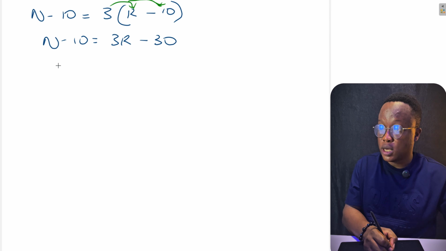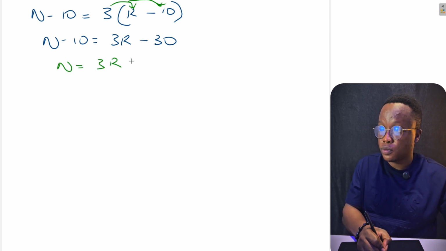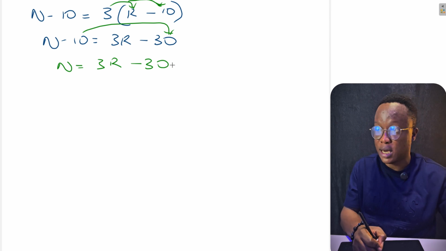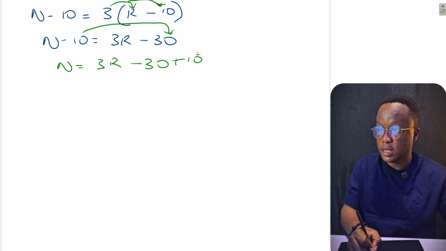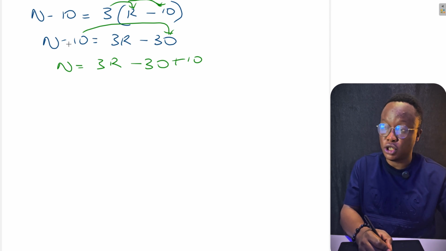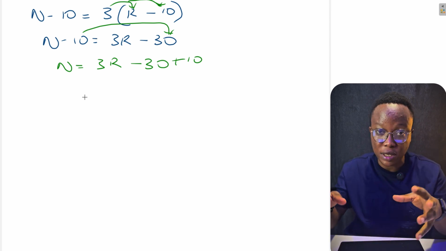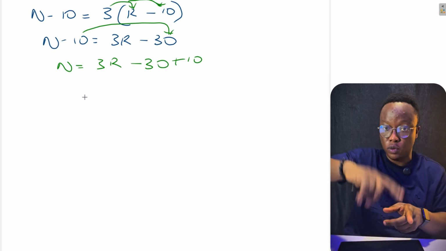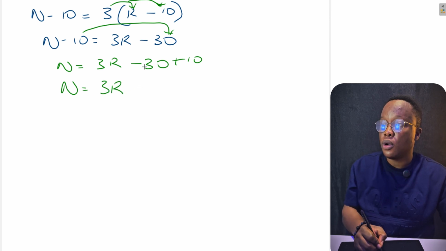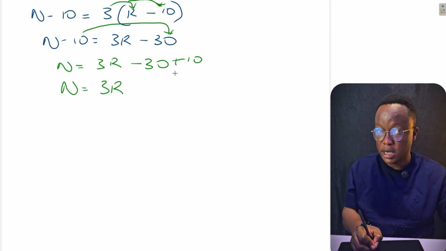Since we are trying to isolate N, we're going to bring minus 10 to the other side. We're going to have plus 10. Once it crosses the equal to sign, the sign must change. It's like polarity. So now we have N is equal to 3R minus 30 plus 10.